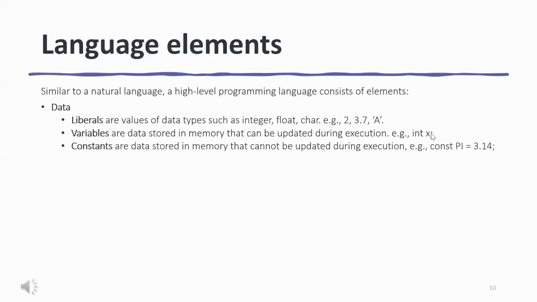The third type of data is constants. Constants are data stored in memory that cannot be updated during execution. So you can think of a constant as a kind of special variable. For example, declare constant pi equal to 3.14.